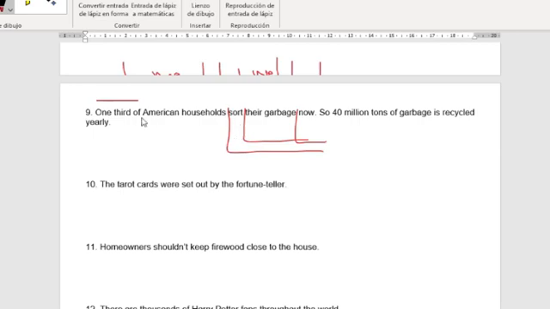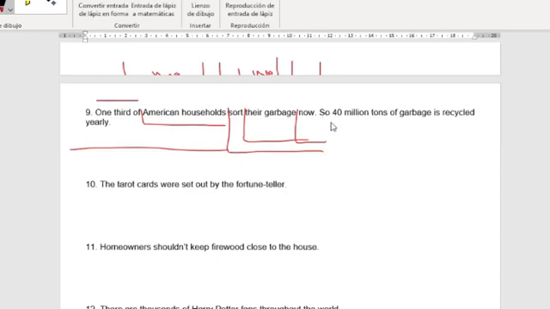And then we have American households. Noun phrase, object of the preposition? No, because that is a pre-article. Very good. So this is a noun phrase, and this noun phrase. That's it. And then 1/3 of American households is a noun phrase subject.